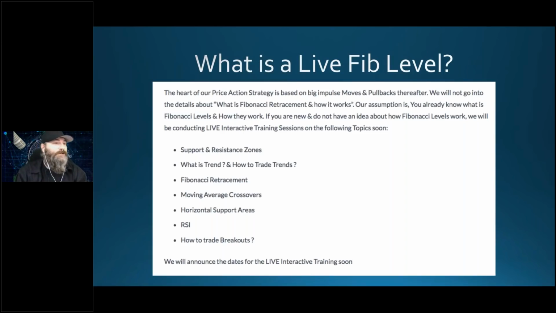So what is a live Fib? I got this right from the site because I felt it important to mention that we're talking about a price action module that relies on Fibonacci retracement and the theories behind it. Our assumption is that you already know what the Fibonacci levels are and how they work.